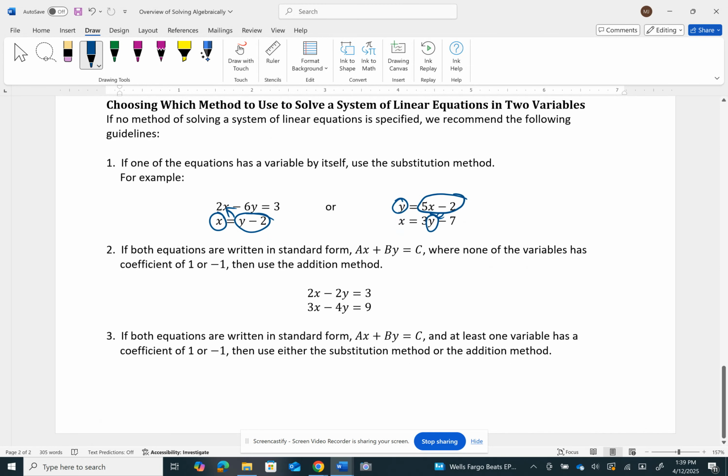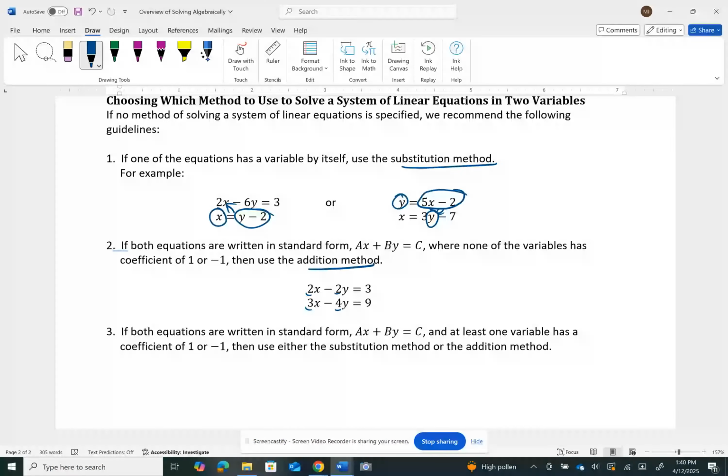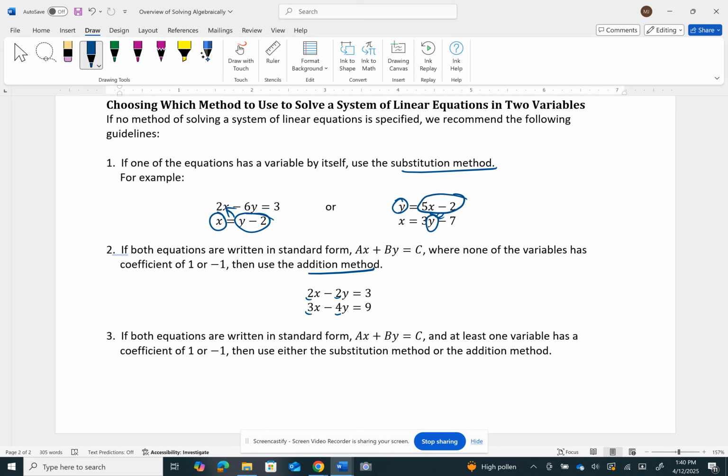If both equations are in the form ax plus by equals c, where the x and the y are on the same side like that, okay, and the numbers out in front of x and y are not just a 1 or a negative 1 like here, then addition method works best. Okay, so substitution works best if one of the variables is already by itself. The addition method works best if none of the numbers out in front of x or y are a 1 or a negative 1.